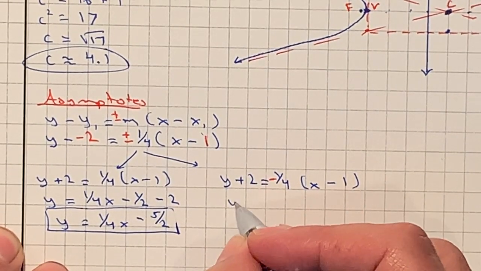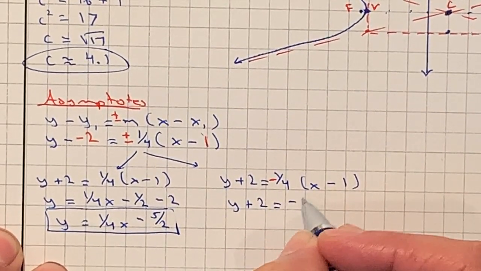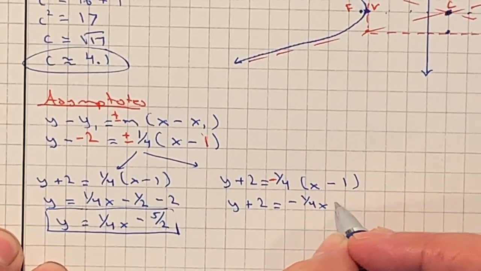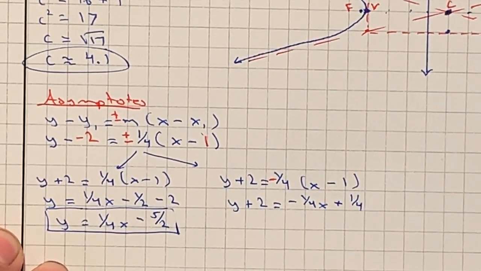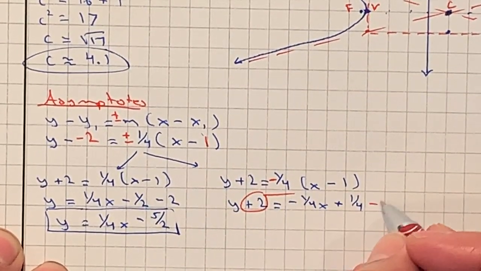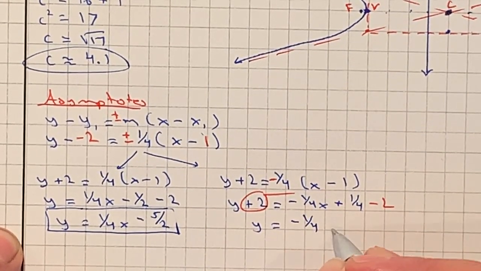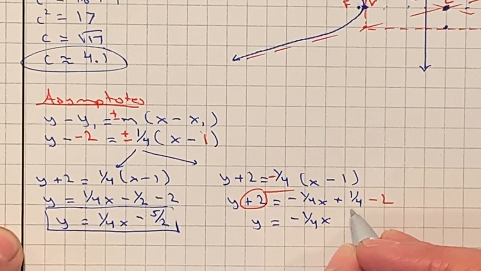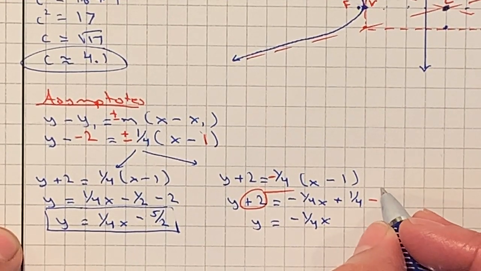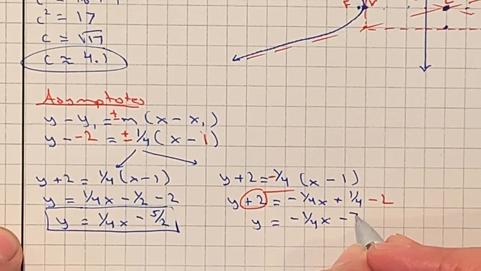In this case, it will be y plus 2 equals negative 1/4 x plus 1/4. Then move the 2 to the right, becomes a negative 2. So we have y equals negative 1/4 x, and 1/4 minus 2, that gives me 1/4 minus 8/4, so it'll be negative 7/4.